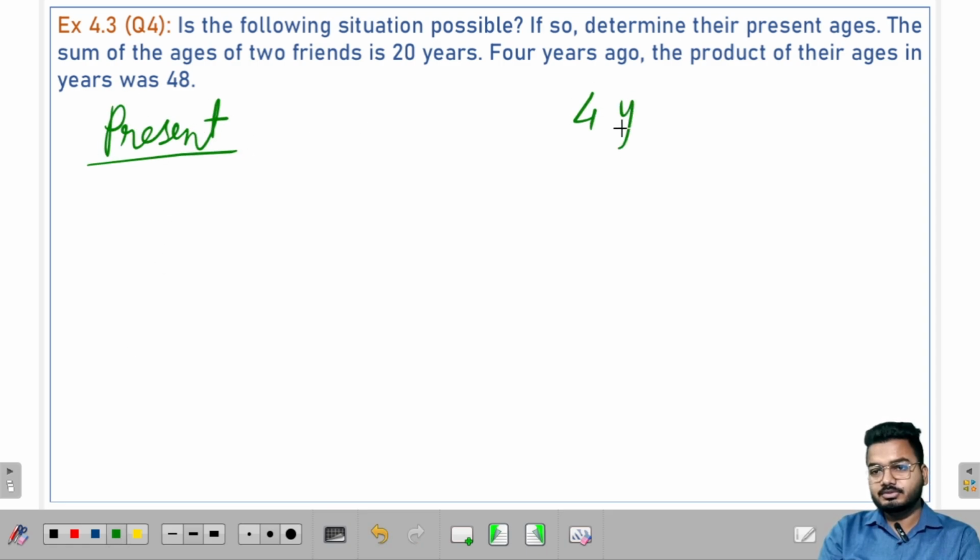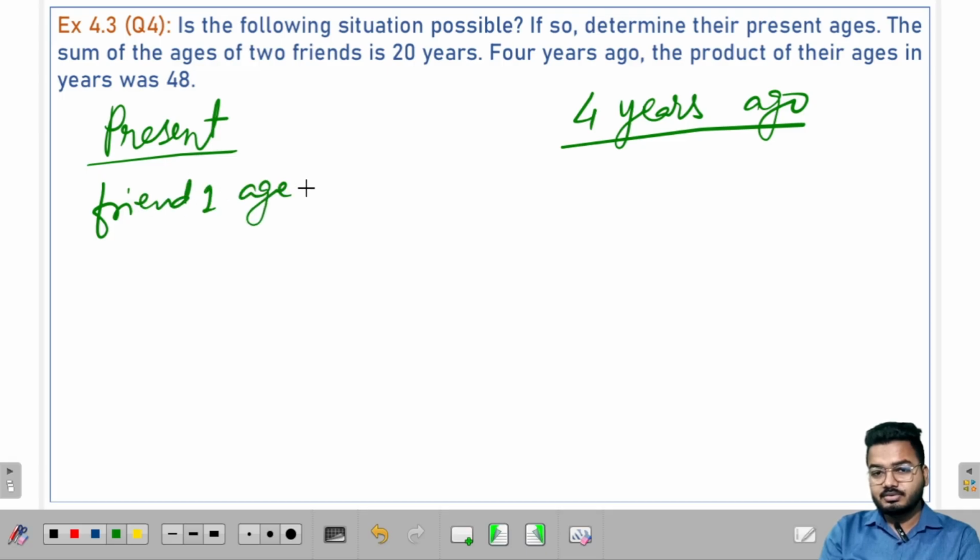देखिए 4 years ago का. Okay, so in present friend 1 age, let it be x.